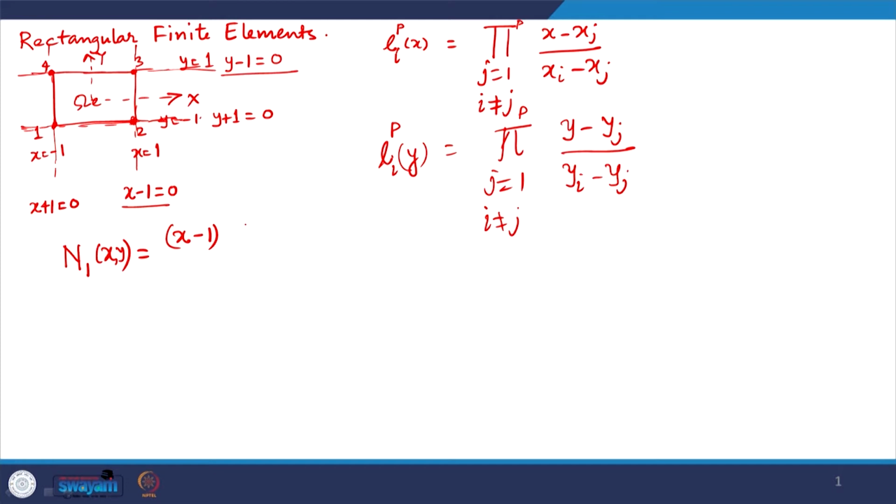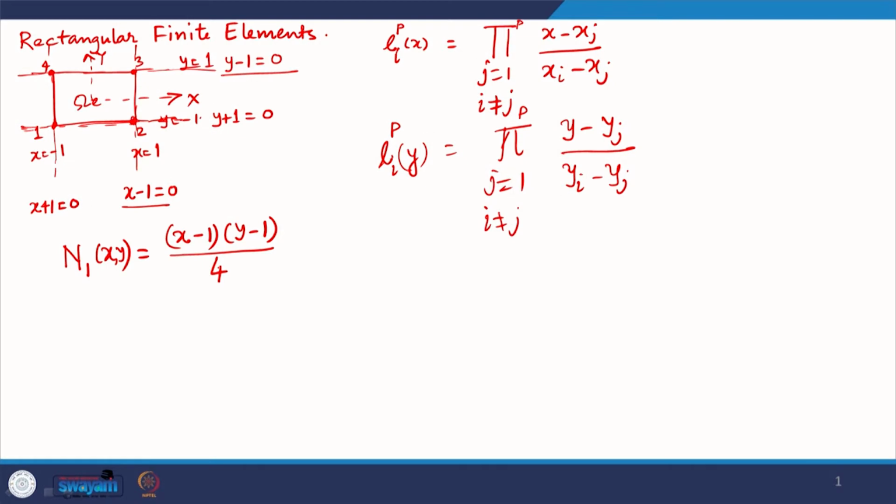So, that is the equation y minus 1, and I evaluate this at node 1 which has coordinates of minus 1, minus 1. So, that would be minus 1 minus 1 is minus 2, minus 1 minus 1 is minus 2. So, minus 2 multiplied by minus 2, that is 4. So, that simply becomes 4.